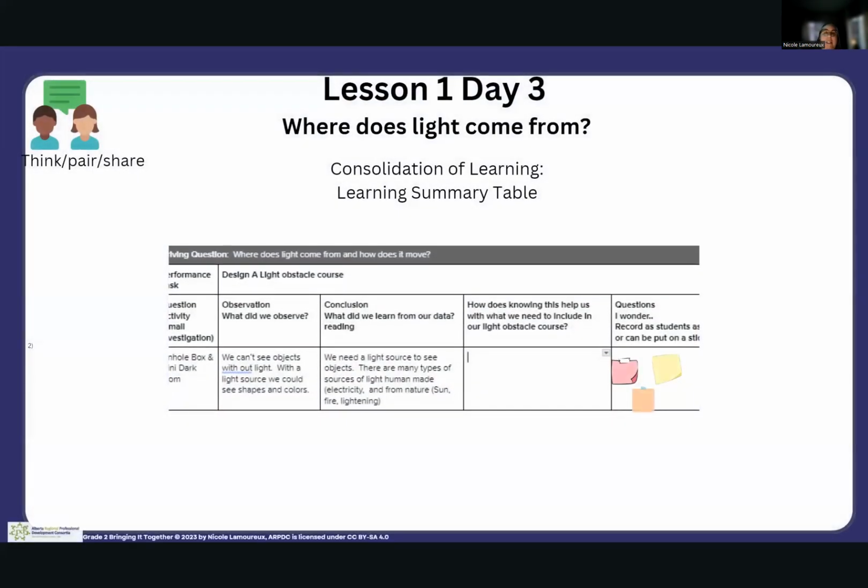So I talked a little bit about the learning summary table that I had posted in my classroom. Canva sometimes cuts these off, but this is just the activity or small scale investigation. What did we observe? So it was dark, it was gray, without the light, right? We want them to describe, because that's an observation.